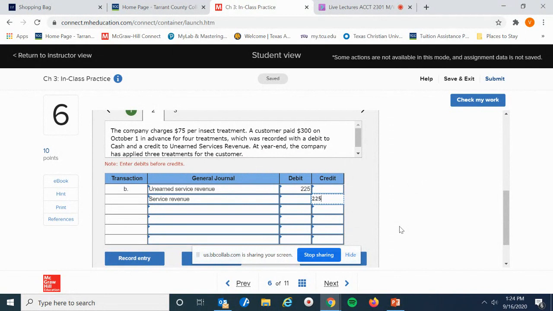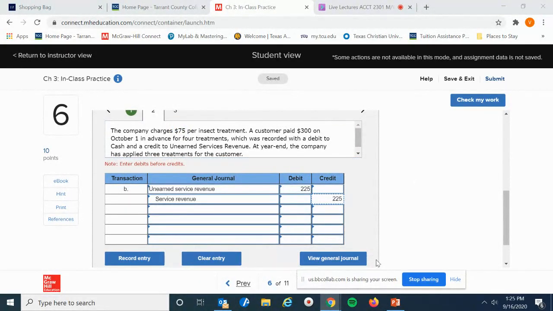Now look at what's going to happen to the unearned revenue. So the customer started with this prepayment of $300. Now we're saying they no longer have $225. For next year, there should be $75 left on the account for the 4th treatment.